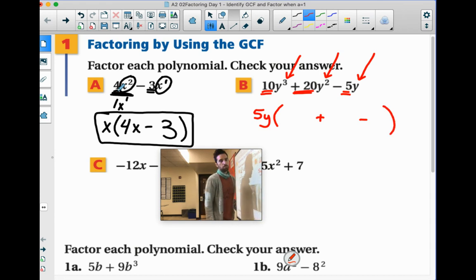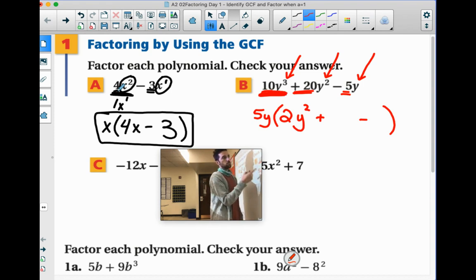And now we're filling in our blanks. We're saying 5y times something would give us 10y to the third. So 5 times 2 is 10. We have y to the first. We need y to the third, so we need 2 more y's. So we'll put 2y squared. Again, if you multiply those, you need to get 10y to the third.